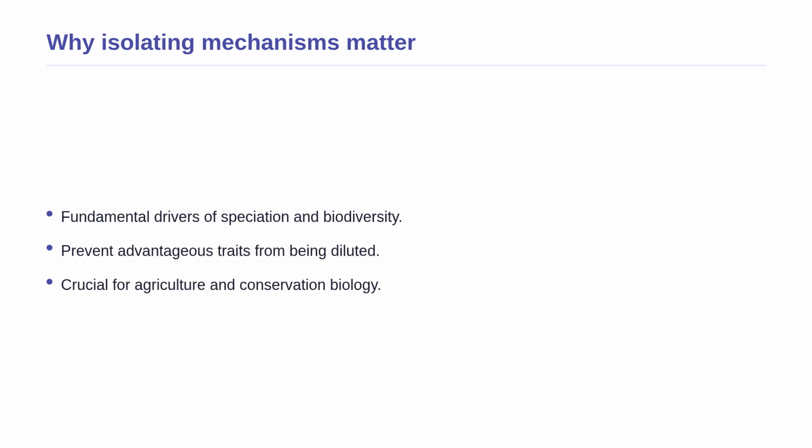Isolating mechanisms are the fundamental drivers of speciation, the process by which new species arise. Furthermore, in practical fields like agriculture and conservation biology, understanding these mechanisms is absolutely crucial. It helps us manage endangered species and prevents genetically modified crops from accidentally cross-pollinating with wild plants, which could wash away unique genetic adaptations.